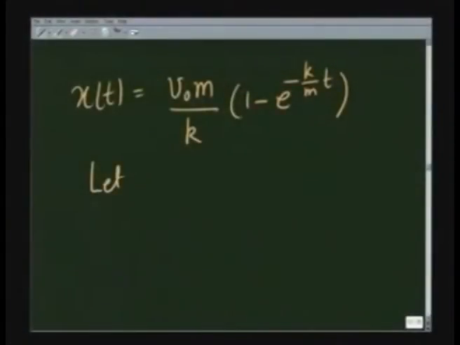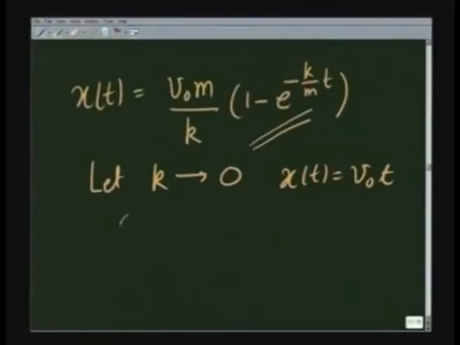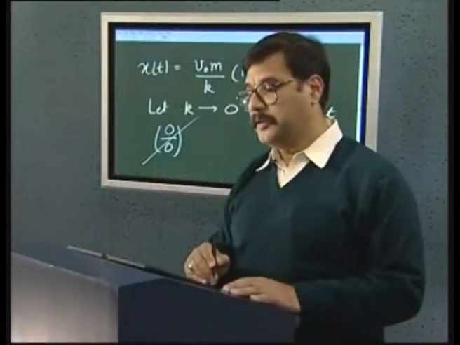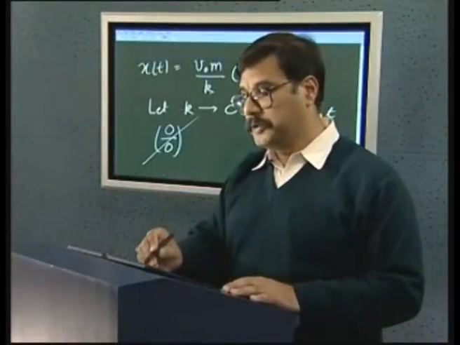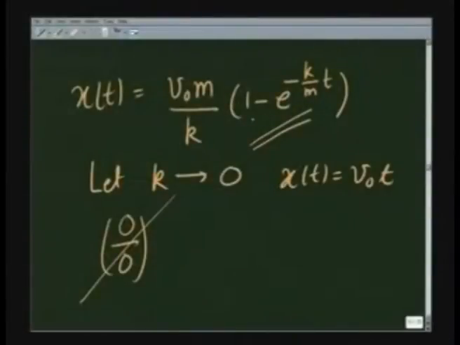One way to check this is to let k go to 0 and I should get my familiar x(t) equals v0 t. But if I substitute k directly here, I get an answer like 0 over 0, which is not correct. I have to be more careful and take the limit k going to 0, keeping terms up to order k in this expression and see if I get the correct answer.